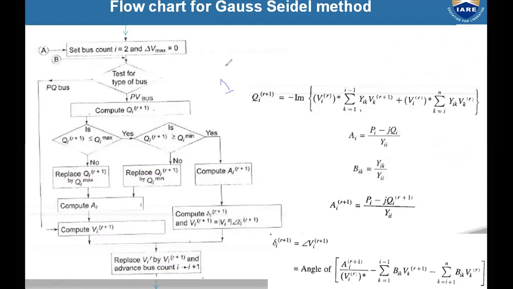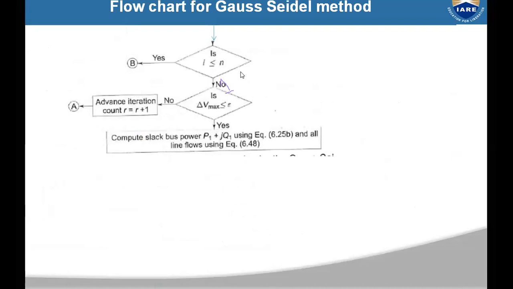Now after completing the first iteration, you will go to the next iteration. After replacing this, you have to check the condition here: is I less than or equal to n? Here n is the number of buses, and I is your present bus. You find this at every bus. Suppose this I value is equal to n.